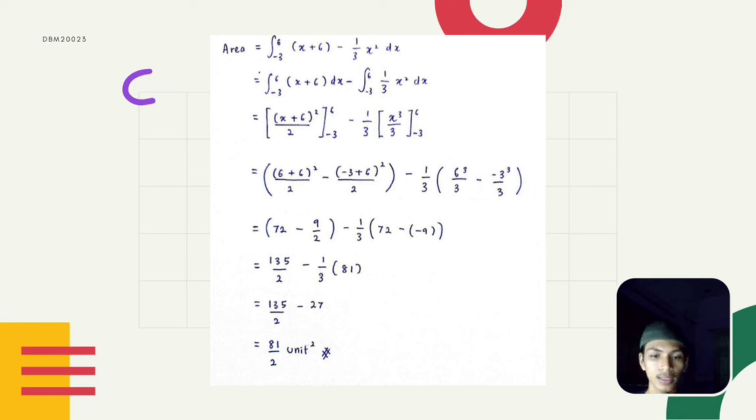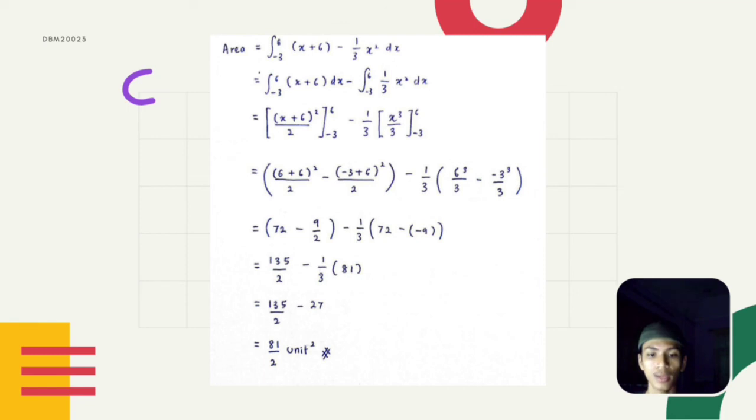So the answer is going to be 72 minus 9 over 2, close the bracket, and minus 1 over 3 multiplied by 72 minus negative 9.